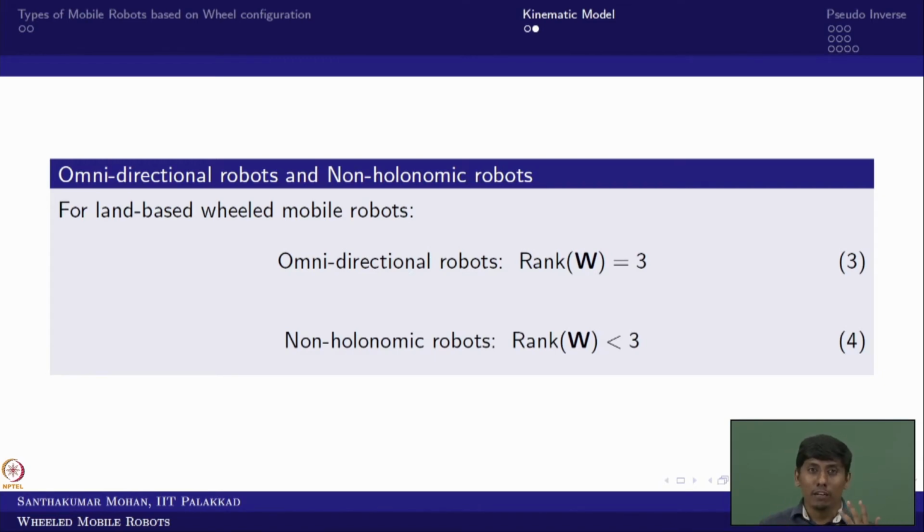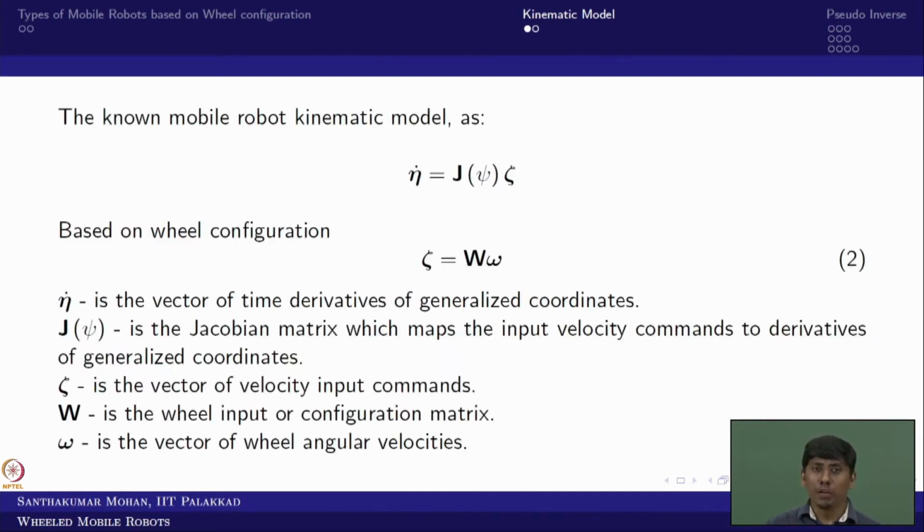But a further question comes into the picture. If you go further, to inverse differential kinematics, the zeta you can write in terms of eta dot, as J inverse into eta dot. The J inverse always exists, because J is a simple orthogonal matrix and psi, even if you put 0 or 90, is no longer singular.